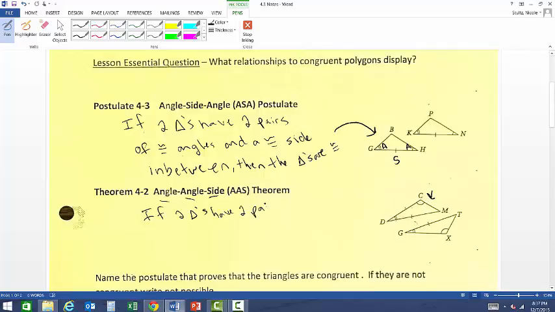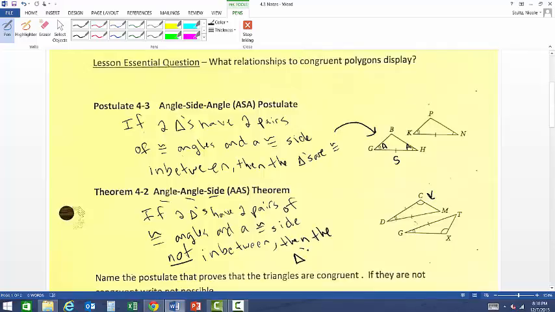If two triangles have two pairs of congruent angles and a congruent side that's not in between, then the triangles are congruent.